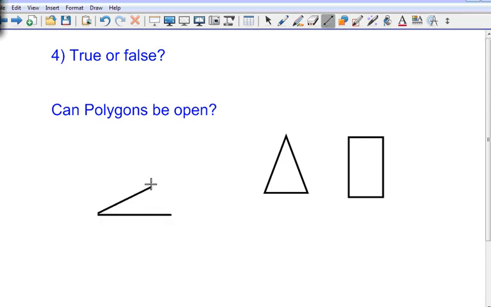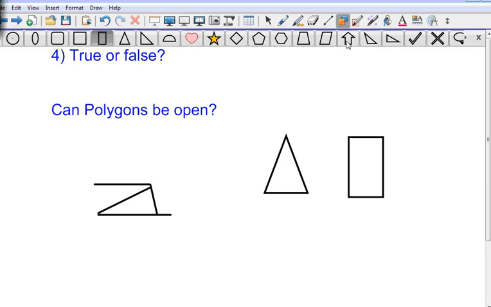Right here, I have a bunch of sides, but it's not completely enclosed. So this isn't quite a polygon. If I do this, I make a triangle, but it has some extra lines to it. A polygon has to be a multi-sided shape that's closed in.